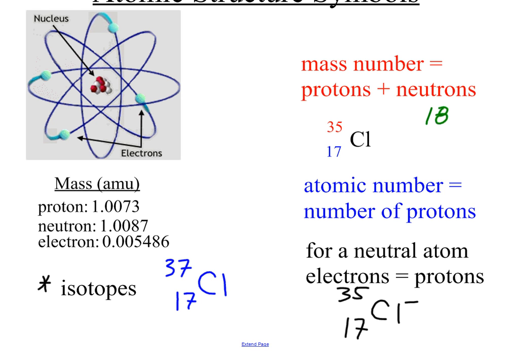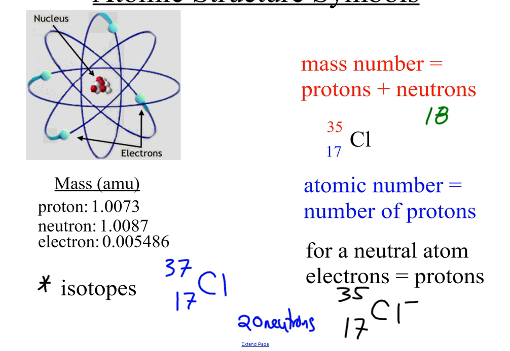Well, a mass number of 37 would mean that you would have 20 neutrons. So these two chlorines, chlorine 35 and chlorine 37, we would refer to as isotopes, much the same way we would refer to two children that were born together as twins.